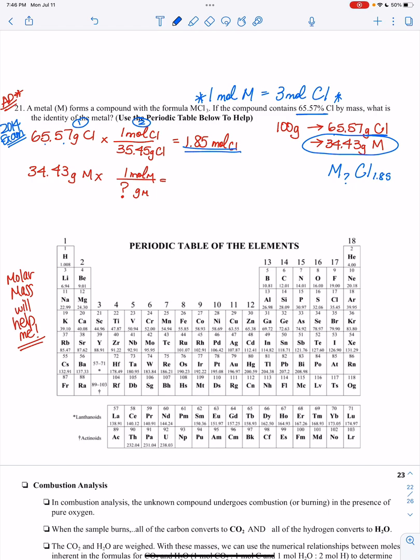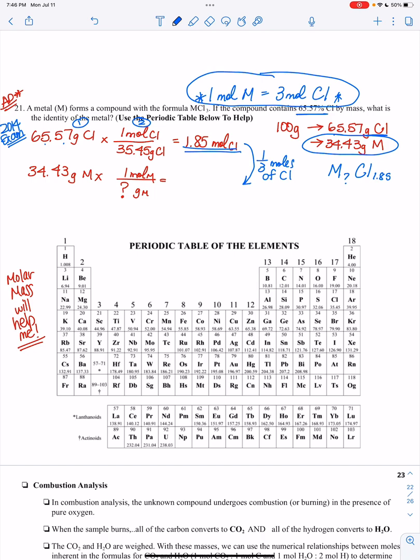And then if I had 34.43 grams of this metal, I don't know how to convert it to moles, but I could tell you how many moles I should have. I should have 1/3 the moles of Cl. Why? Because for every 1 mole of the metal, there are 3 moles of the chlorine. So I'm going to have 1/3 the moles of the metal. This is a clever way to do this.